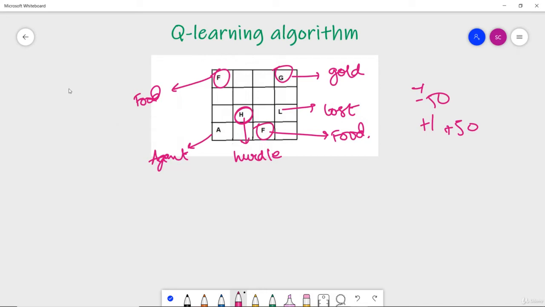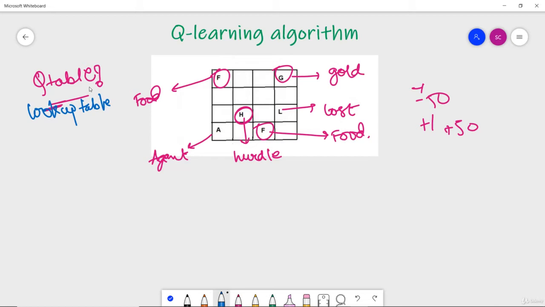For this, we need to create a Q table. Now a question might arise: what is this Q table? The Q table is nothing but a lookup table where we calculate the maximum expected future rewards for each action of the state.